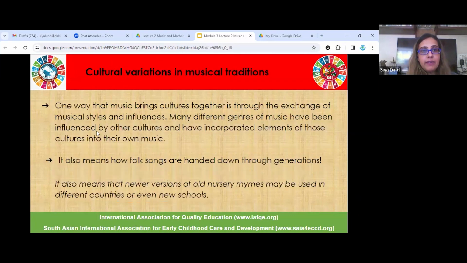Now, moving on to cultural variations in musical traditions, one way that music brings cultures together is through the exchange of musical styles and influences, right? Now, many different genres of music have incorporated elements of those cultures into their own music.